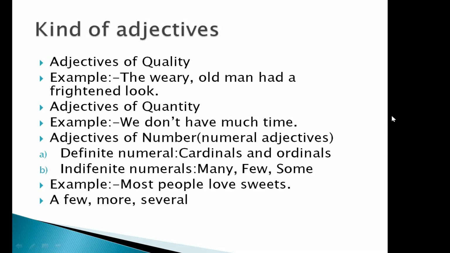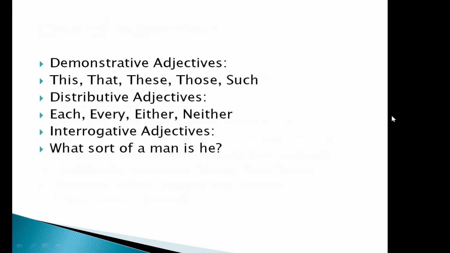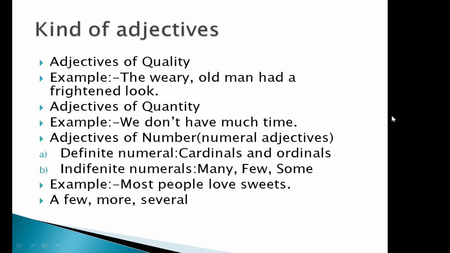Adjectives of number or numeral adjectives, like 50 students. Most people love sweets. A few, more, several. These are some of the examples which we can cite for adjectives of number or numeral adjectives. When we talk about definite numerals, we can say 1, 2, 3, 4, 5, 6, 7, 8, etc. These are cardinals, and ordinals are another example of definite numerals.